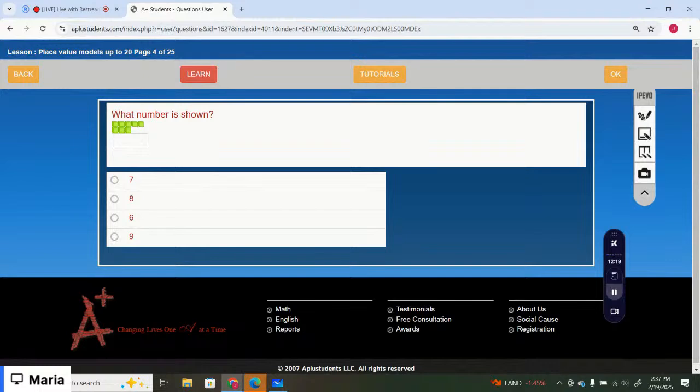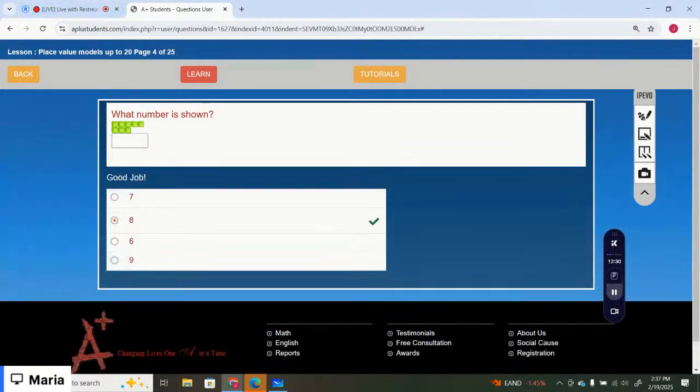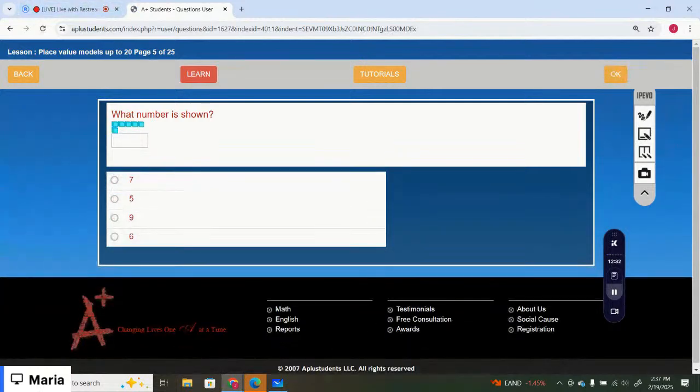What number is shown? That is 8. Option number 2 is the correct option. What number is shown?